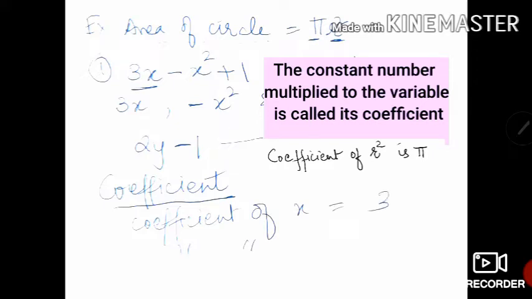Coefficient of x square is minus 1. Similarly, in the second example, coefficient of y is 2. In today's class, we will study about a particular type of algebraic expression called as polynomial.